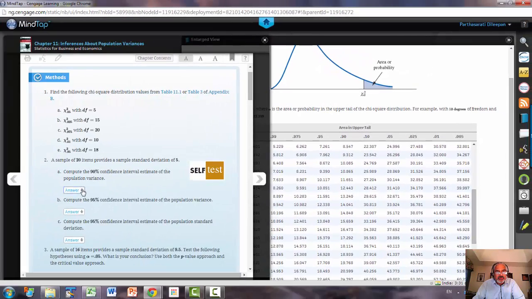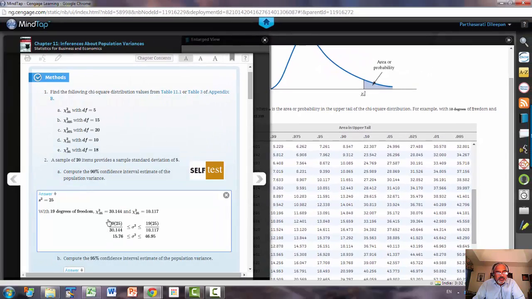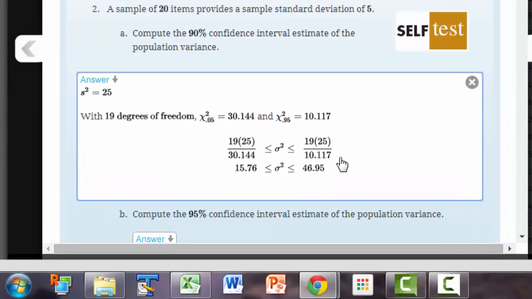So that's 30.144 and 10.117. The standard deviation is 5, so you have to square it. So n minus 1 is 19 and 5 squared, so you get the confidence interval for the variance.